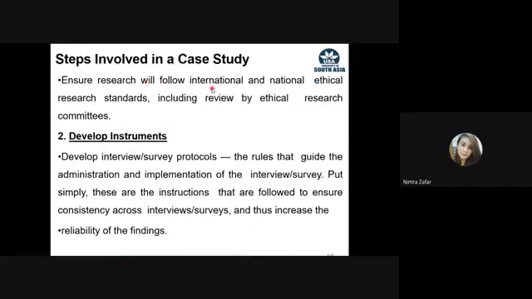Ensure research will follow international and national ethical research standards, including review by ethical research committees.